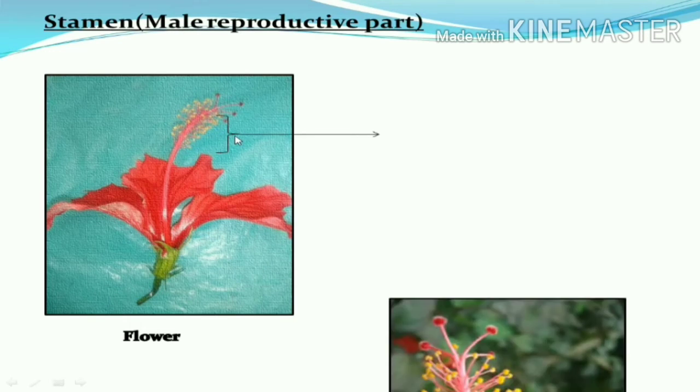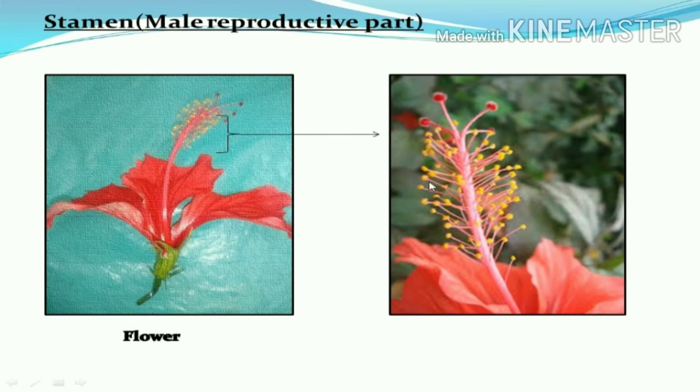If I enlarge that particular section, you can see how stamens are attached to it. As I told you, the stamen consists of an anther, which is the head part, and a stalk, which is a filament. And this yellow color are the pollen grains produced by the anther.